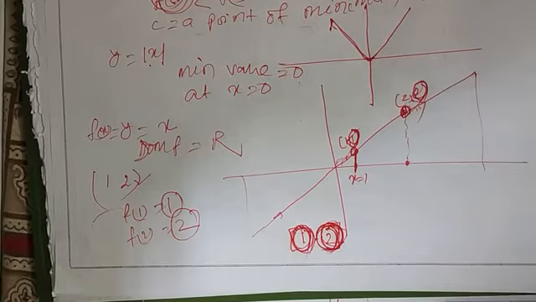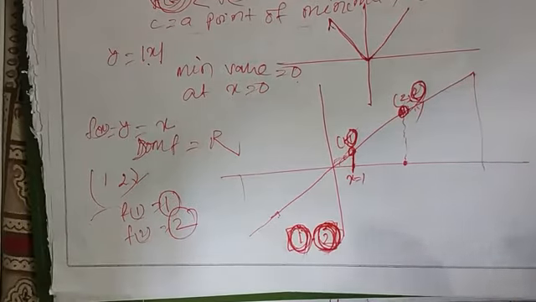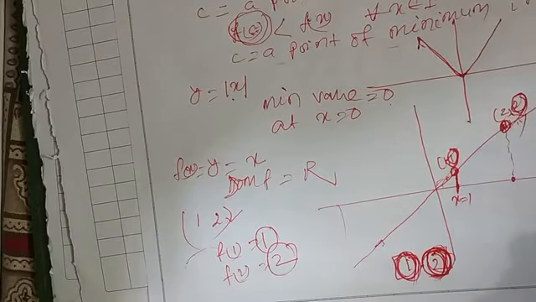Getting the idea? Now coming to the idea of maximum or minimum from increasing and decreasing functions, we shall use the concept of increasing and decreasing functions for maxima and minima.